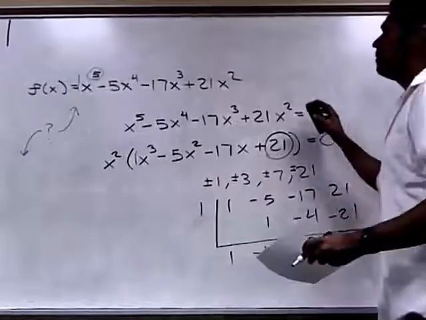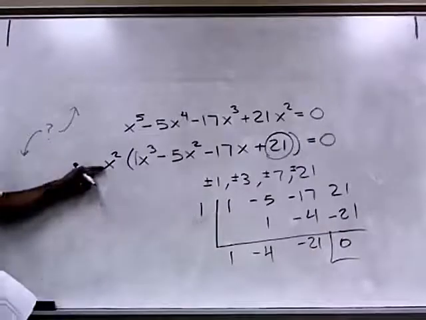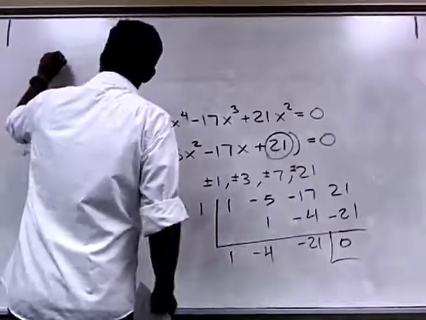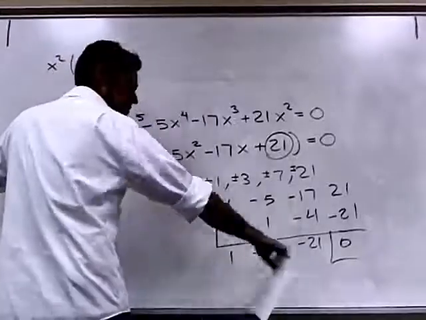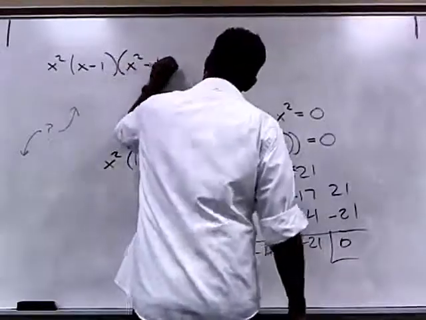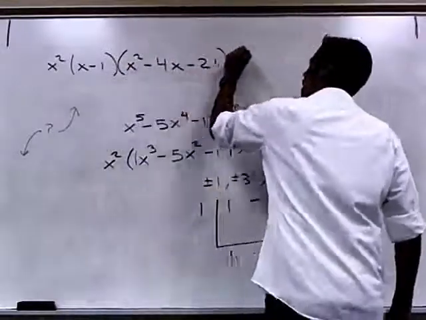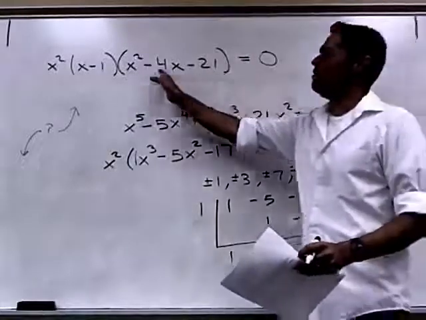So here's where I am. This thing has all turned out to be so far the x squared that was sitting out in front, the x minus 1 that came from here, and then these three things, x squared minus 4x minus 21. I want to know when that's 0. So now you have to go and try and break down this, right?